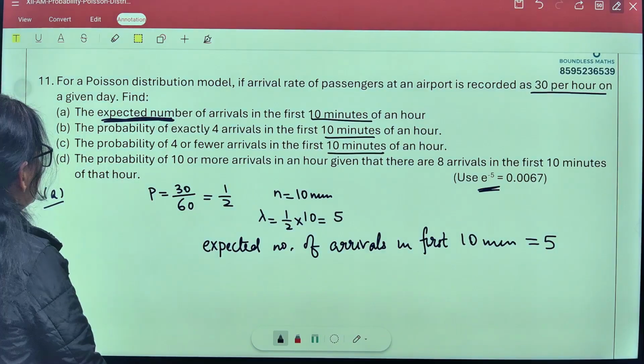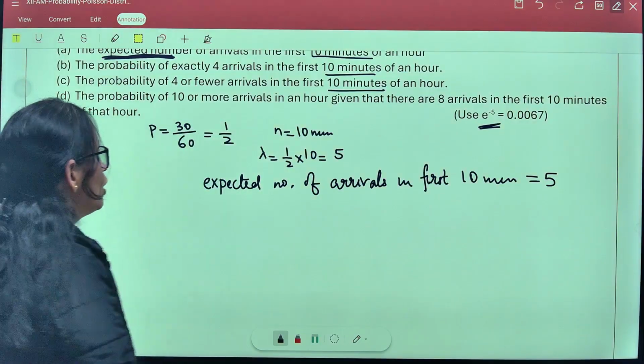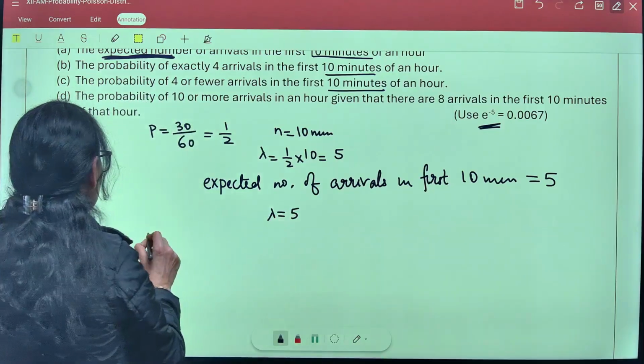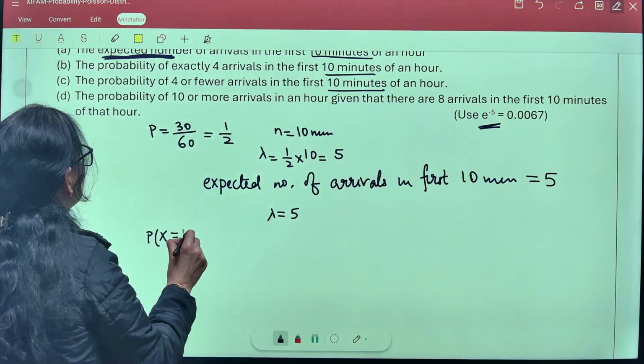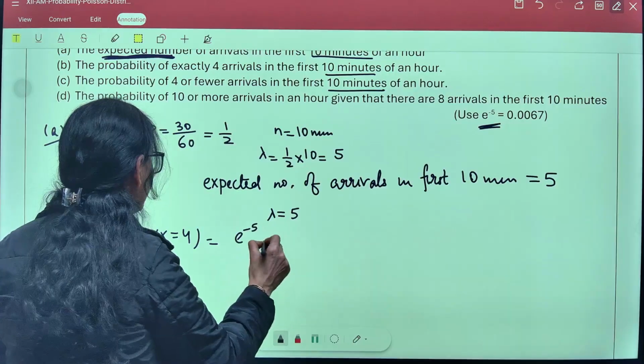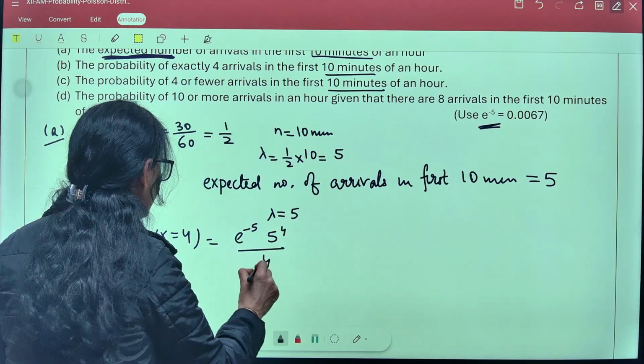Next, B part, the probability of exactly 4 arrivals in first 10 minutes of an hour. For 10 minutes, we already know the value of lambda is 5. So let's find the probability of x being equal to exactly 4. That means e raised to power minus 5, and then we have 5 to the power 4 upon 4 factorial.